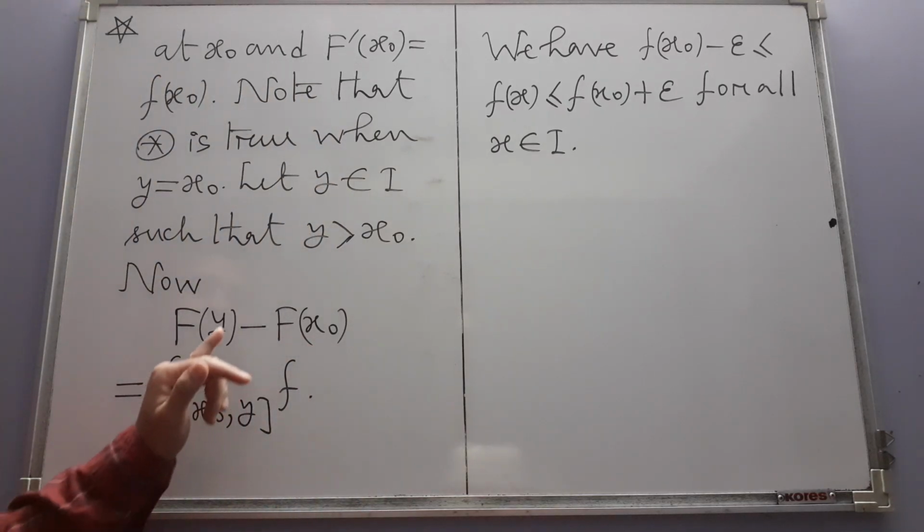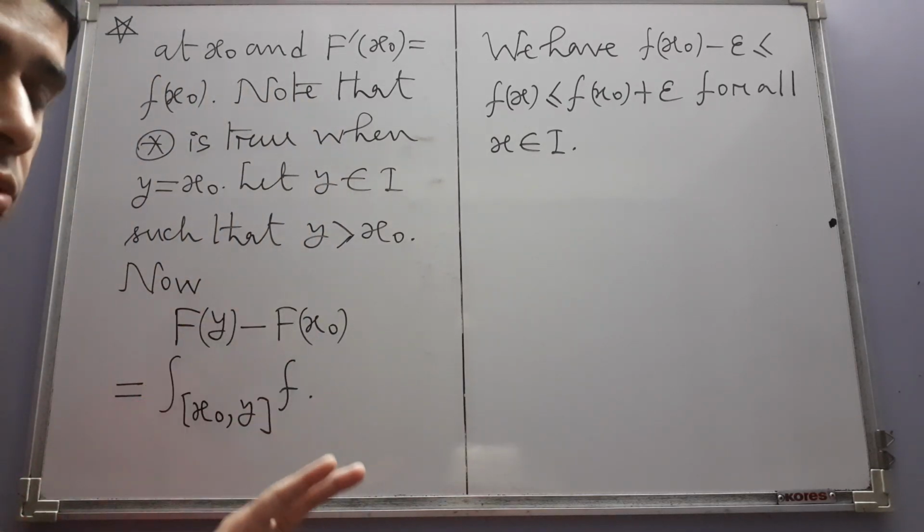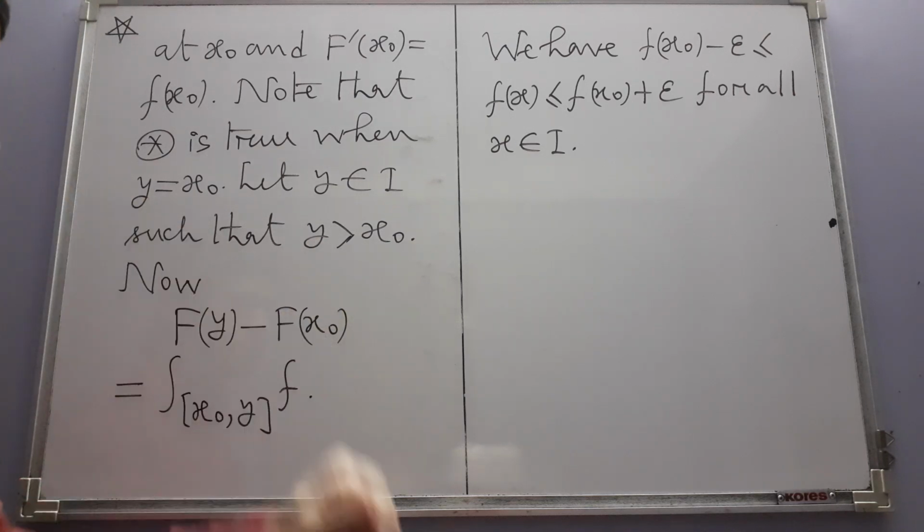Now note that we have two already chosen points, small y and x naught.